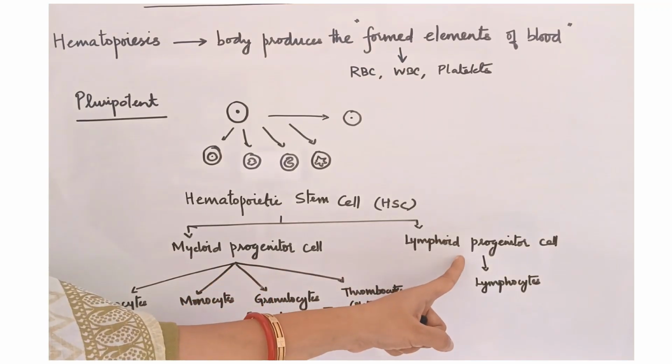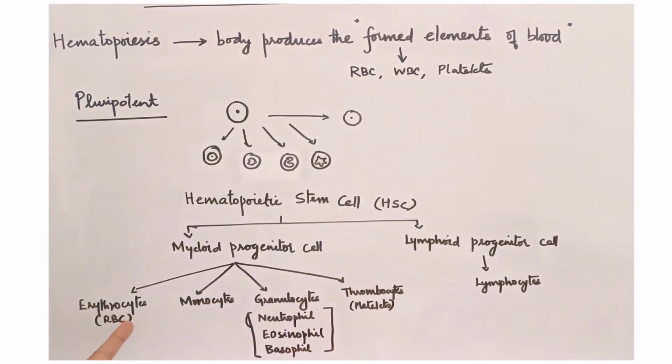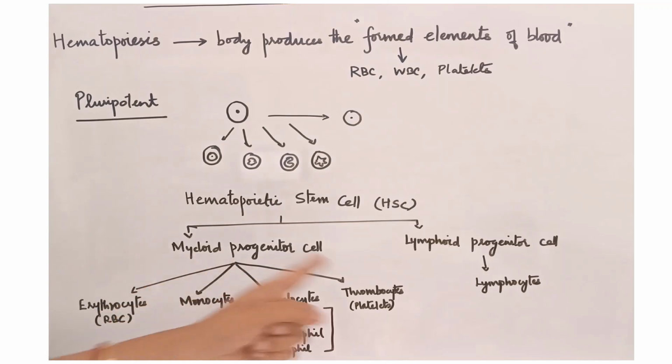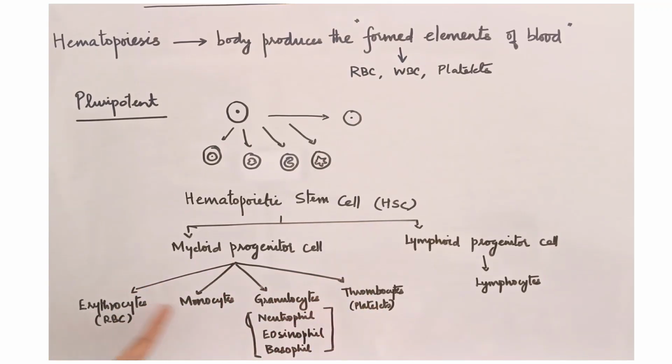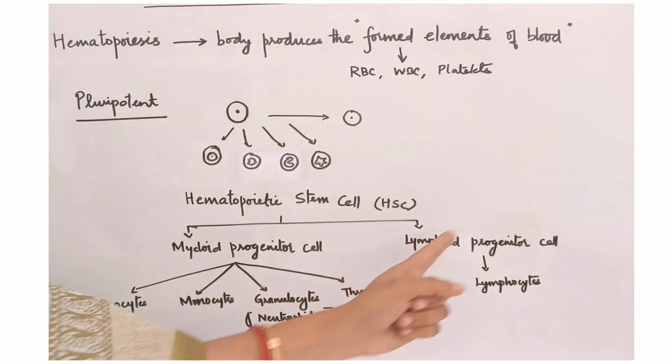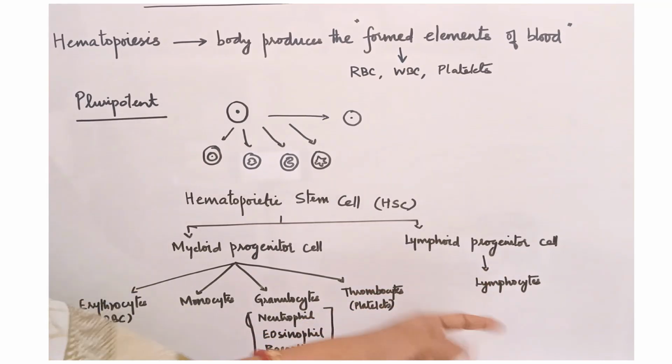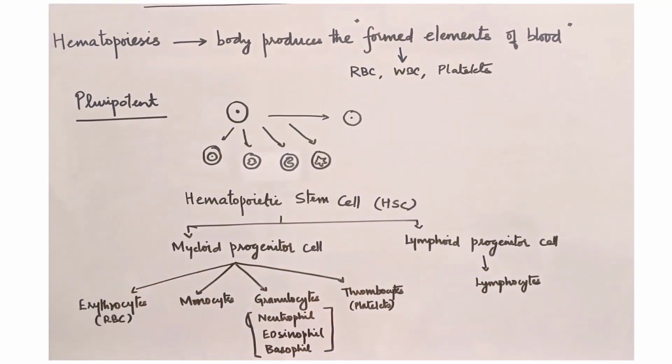The myeloid progenitor cell then undergoes several divisions to form mature erythrocytes, monocytes, granulocytes, which are the neutrophils, eosinophils, and basophils, and thrombocytes, while the lymphoid progenitor cell differentiates to form the lymphocytes. Today we are going to focus on the most abundant cell, which is the erythrocytes.